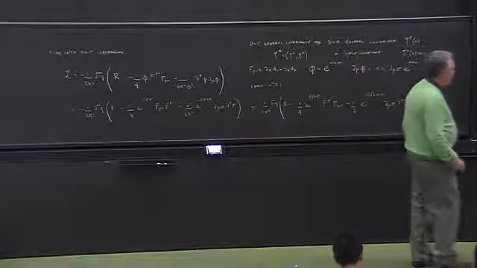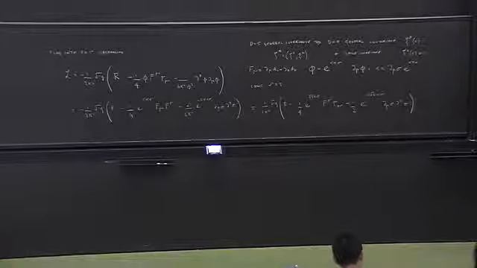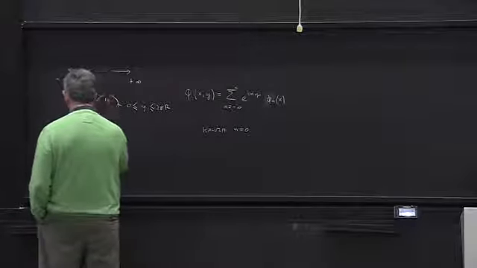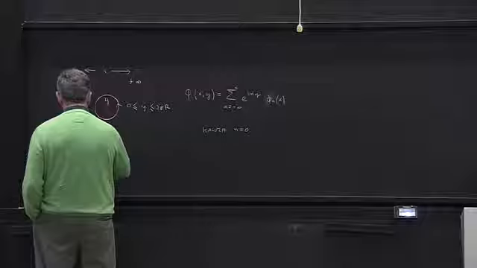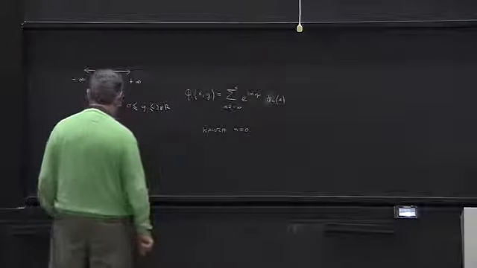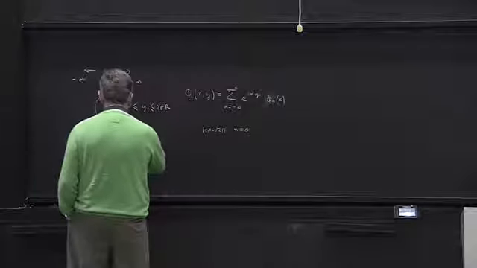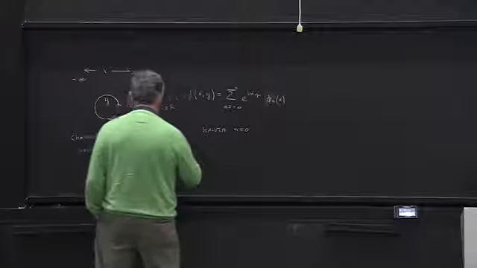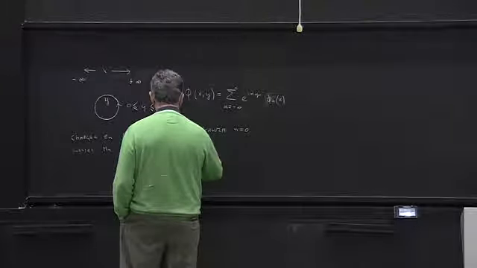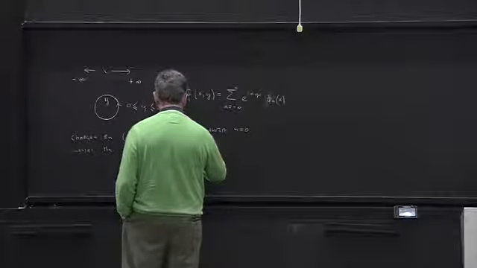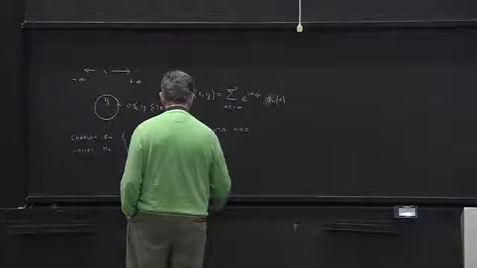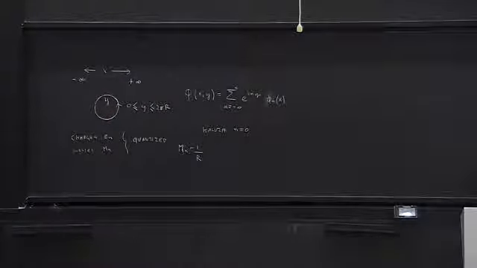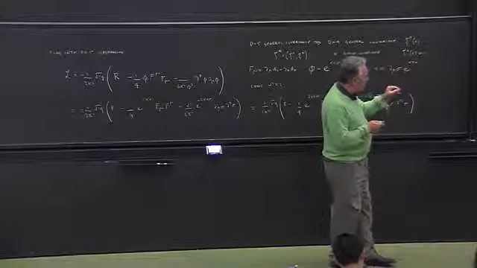But you have an infinite tower of other fields, and they have charges e sub n and masses m sub n. So they're quantized. And the masses go like 1 over R in appropriate units. So the smaller the circle, the fifth dimension, the bigger the masses.